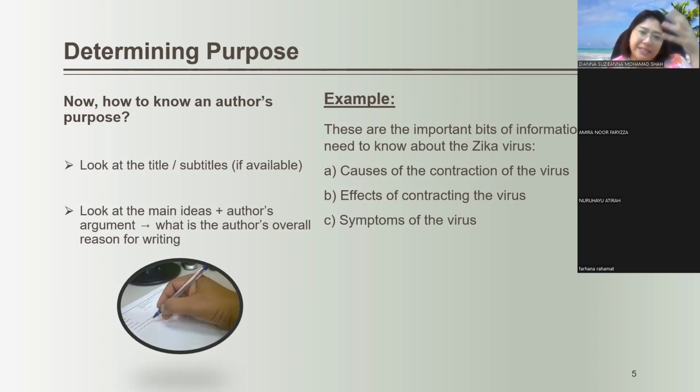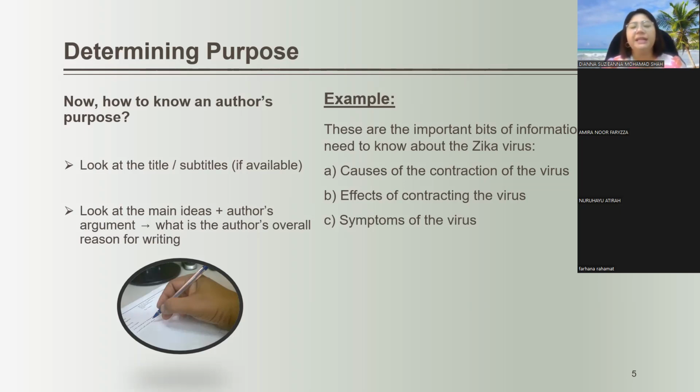When you go down to the ideas, read the whole passage, identify the main ideas, identify the author's argument, identify the thesis statement, identify the topic sentence, as well as the supporting details, in order for you to check on the types of purpose.